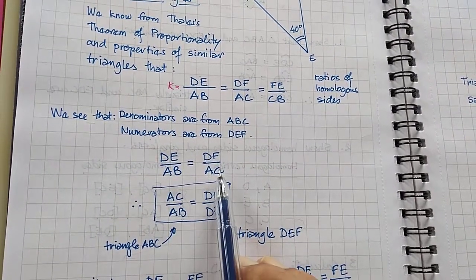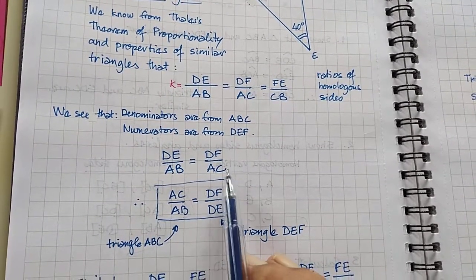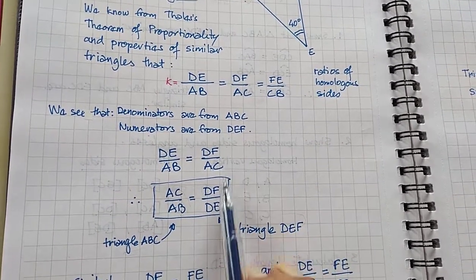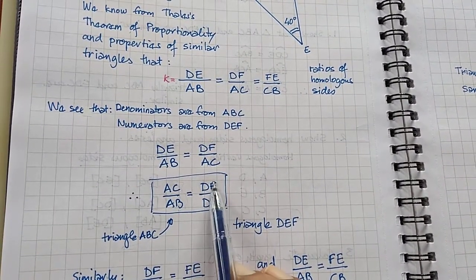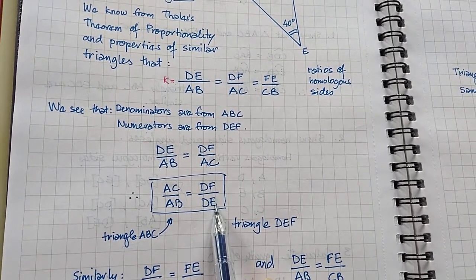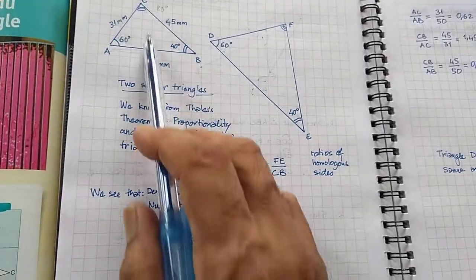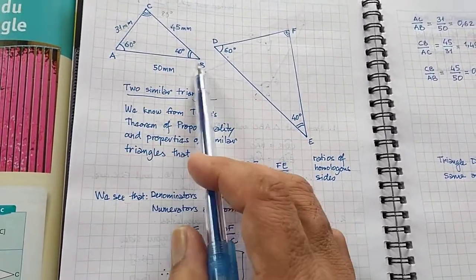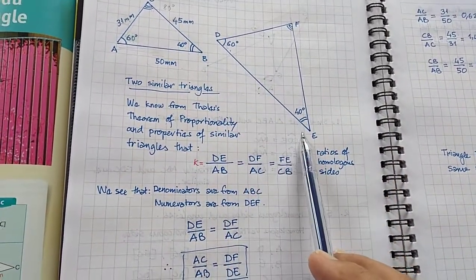And both sides I am dividing by DE. So when I divide this side by DE, DE gets cancelled out here and it comes here. So we get AC over AB is equal to DF over DE.